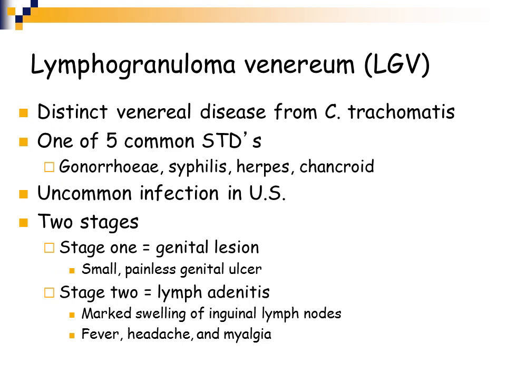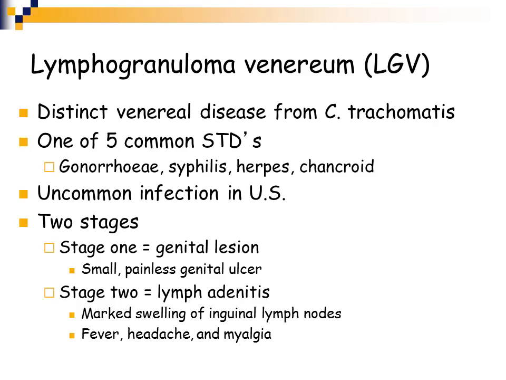Now, another disease caused by Chlamydia trachomatis is lymphogranuloma venereum, or LGV. This is a very distinct venereal disease. It's distinct from what we just discussed with the Chlamydia trachomatis genital chlamydia.